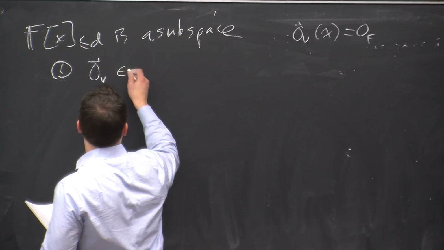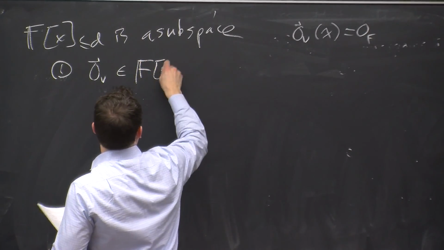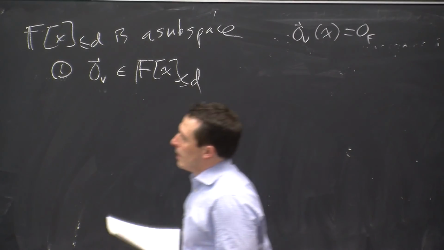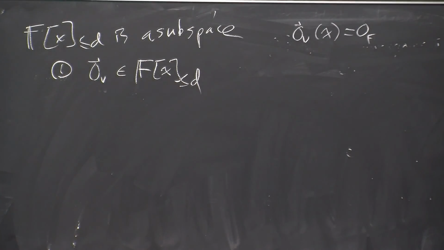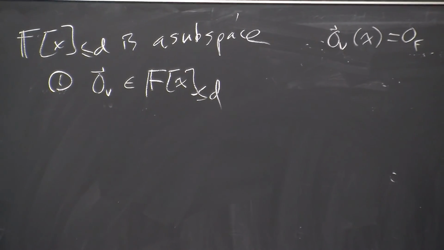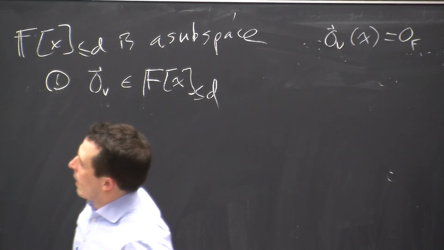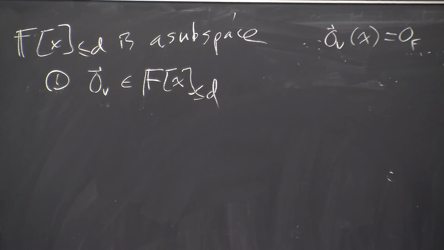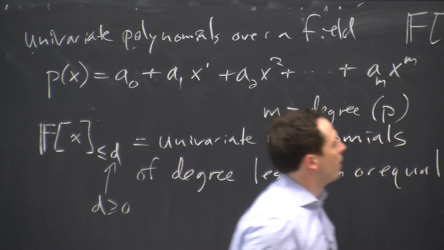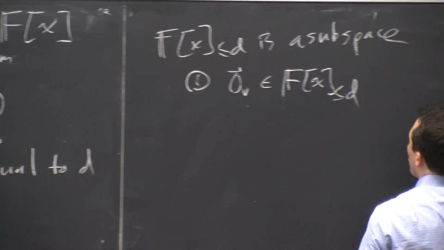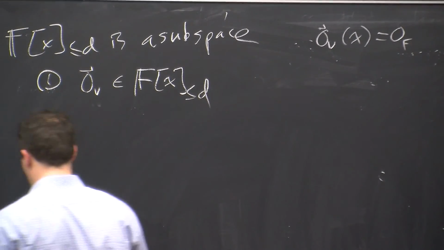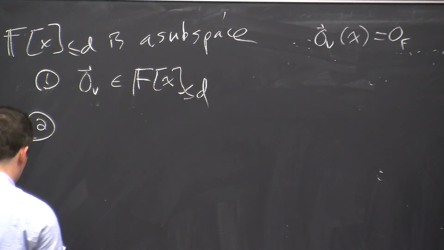That is clearly in F[x] of degree at most d, because its degree, by this definition, is 0. Okay? So its degree is 0, and 0 is less than or equal to any positive integer. I guess I should say here, d is not negative. Okay, 0 is in there. So we've got the first one.